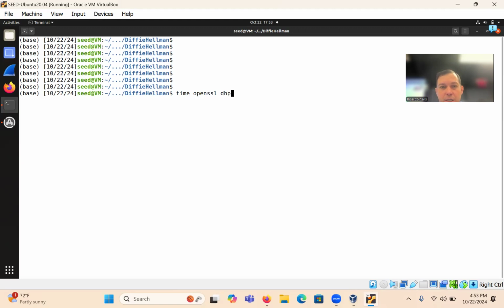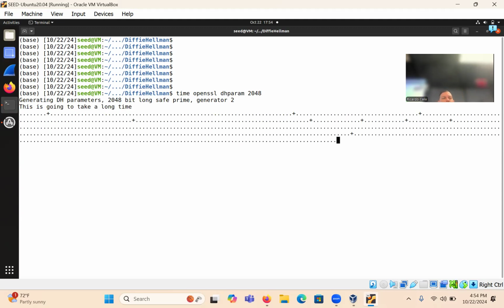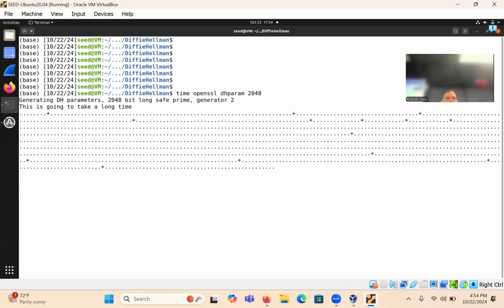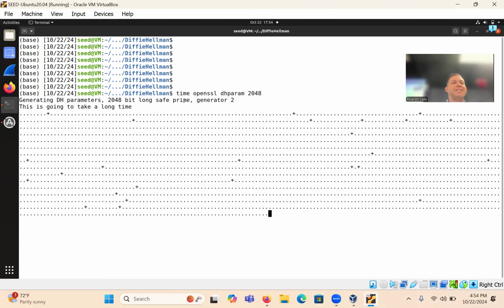OpenSSL dhparam 2048. Notice it says 2048-bit long safe prime.